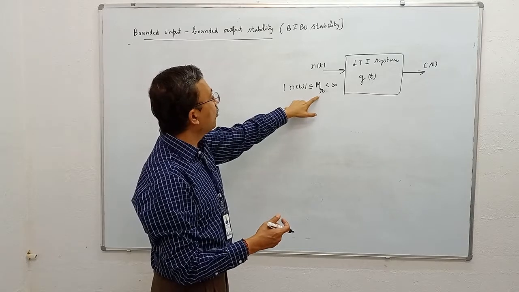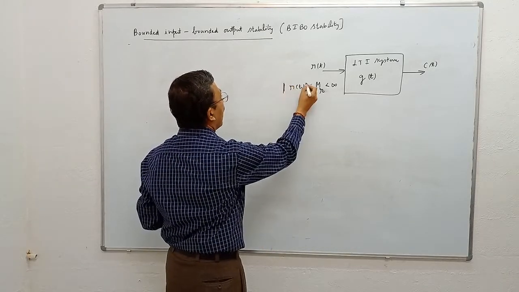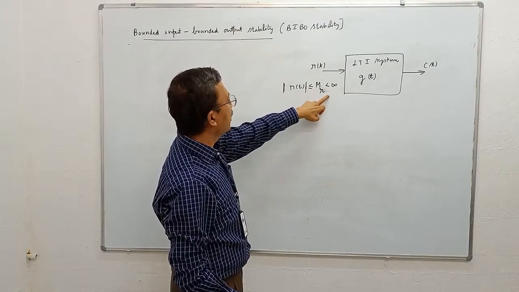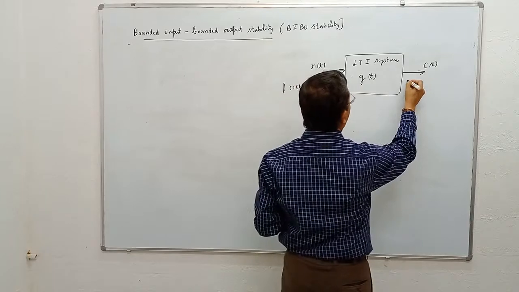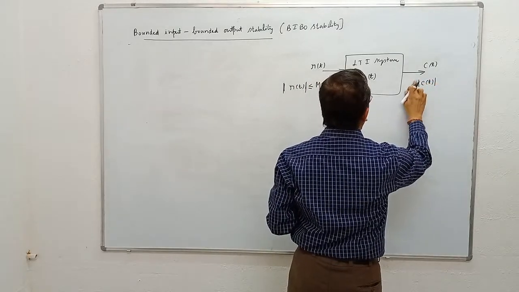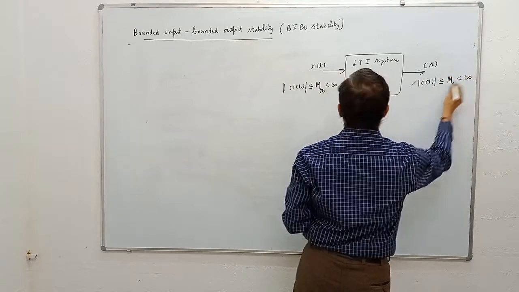What is the bound? Mr. Output is bounded means magnitude of C of t is less than or equal to Mc, less than infinity.